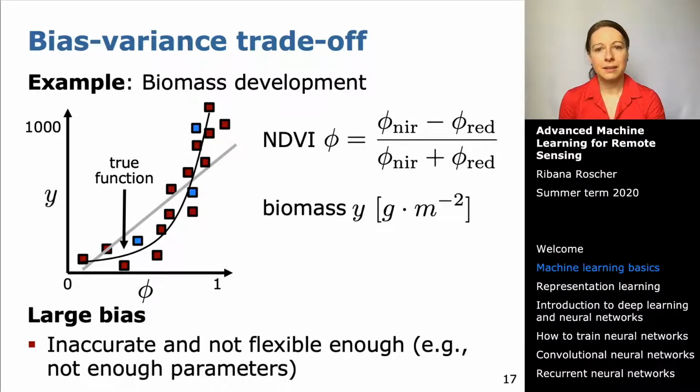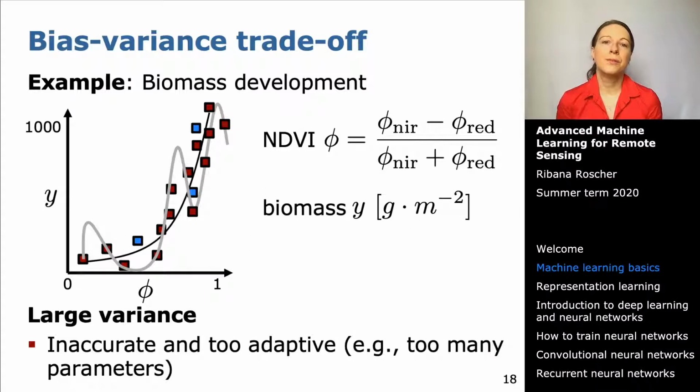On the other side, we choose a very complex model. You can see here this gray function is much more flexible and much more adaptive to the data. And so you have a very complex model with a lot of parameters.